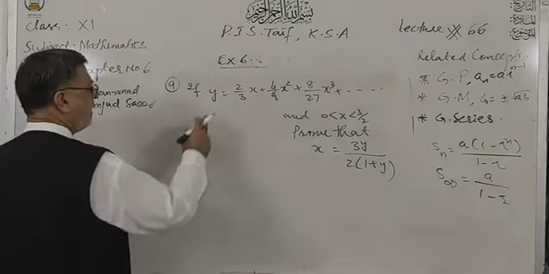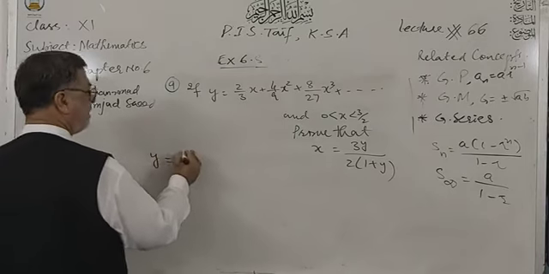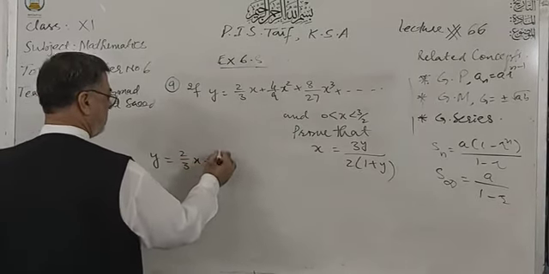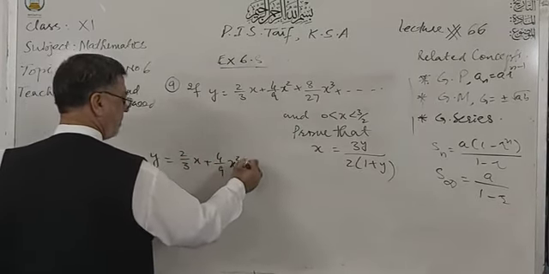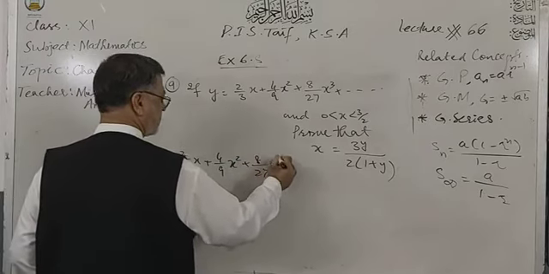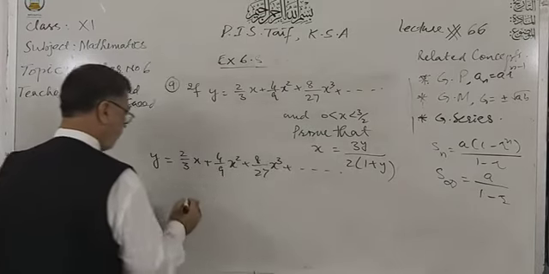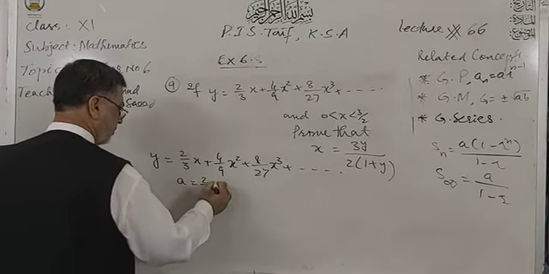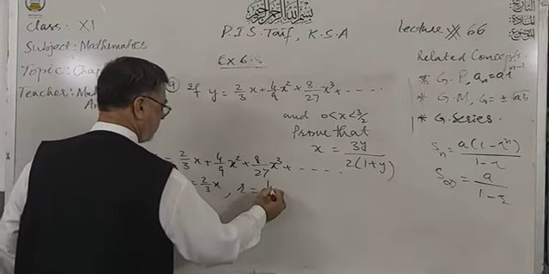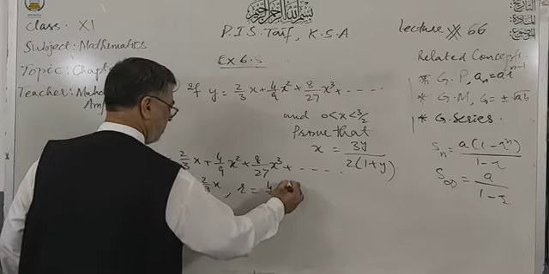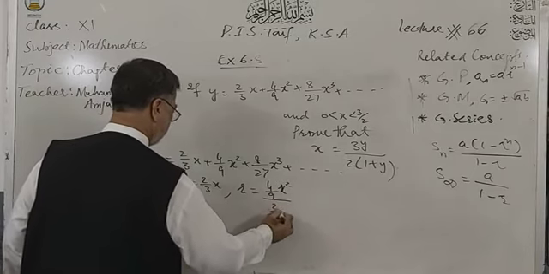So you can see y is equal to 2 over 3x plus 4 over 9x squared plus 8 over 27x cubed plus so on. Here a is equal to 2 by 3x, r is equal to second term over first term.